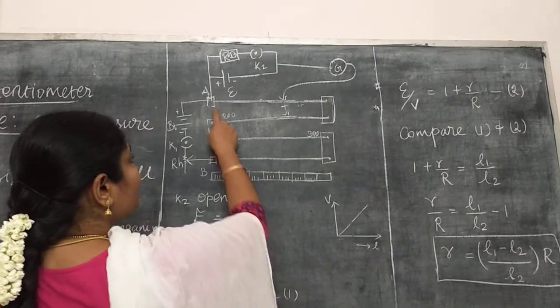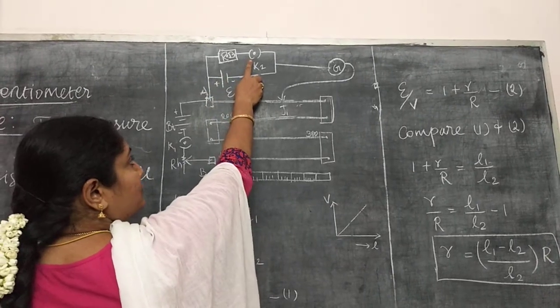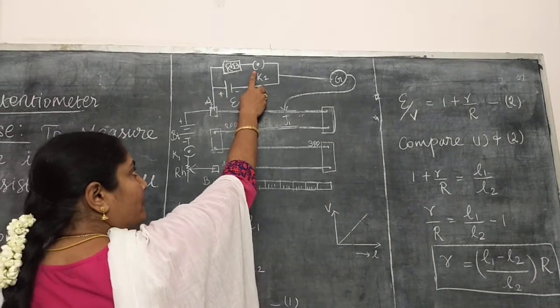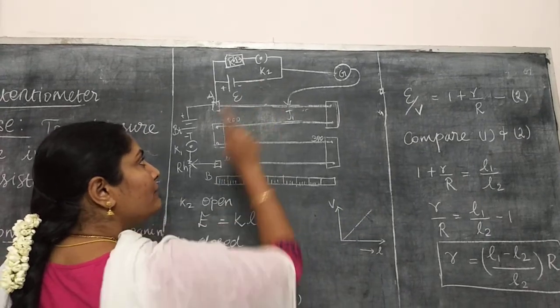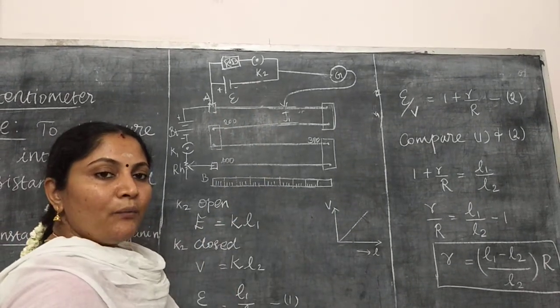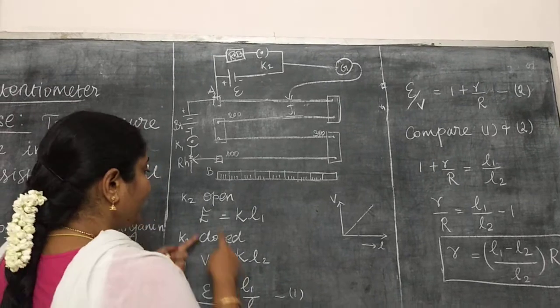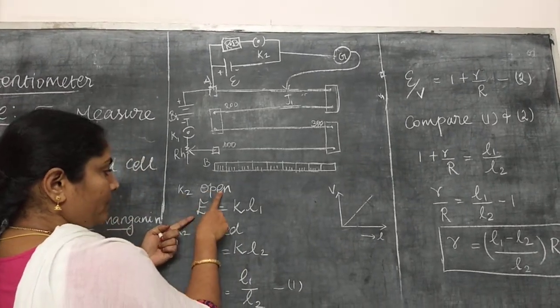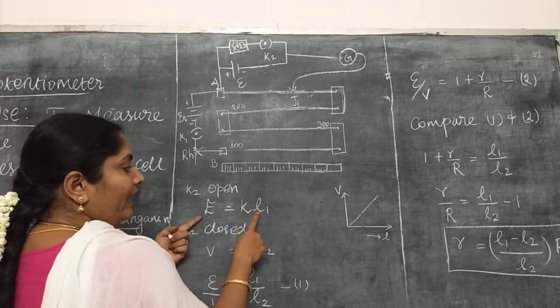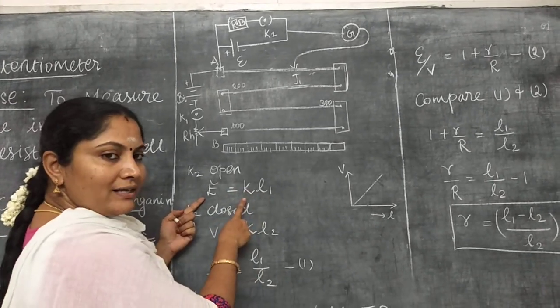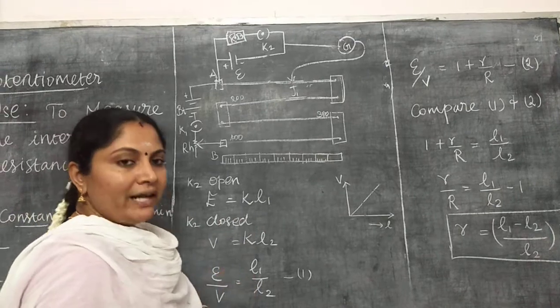When the key K2 is in open condition, with the help of the balancing length, we can say the EMF of the cell is equal to K L1. What is K here? It is the potential gradient.